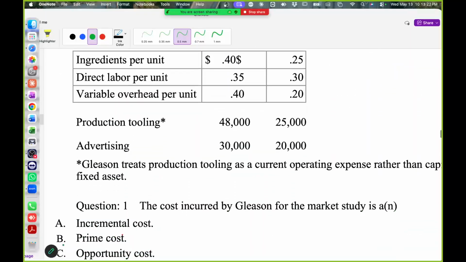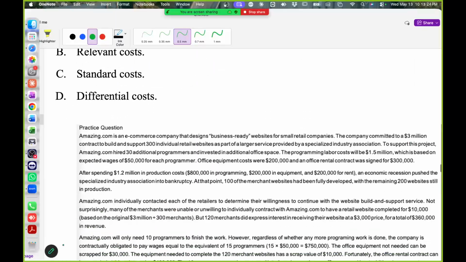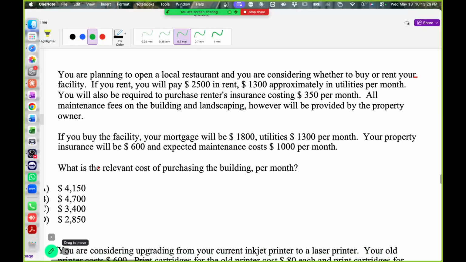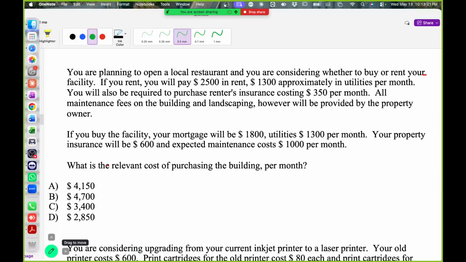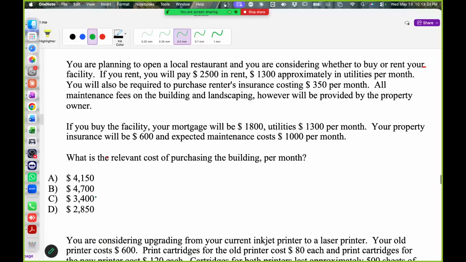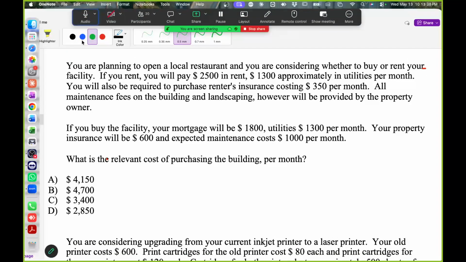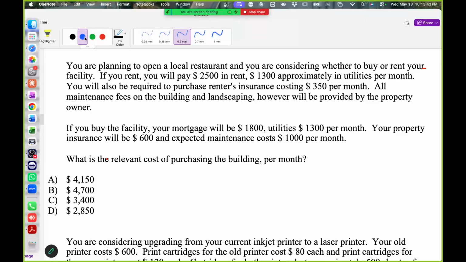For example, go ahead, Shreya. What is the relevant cost of purchasing the building per month? You're planning to open a local restaurant and you're considering whether to buy or rent your facility. If you rent, you will pay $2,500 in rent, $1,300 approximately in utilities per month.